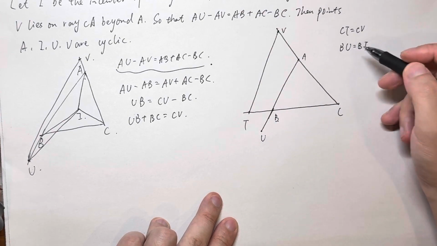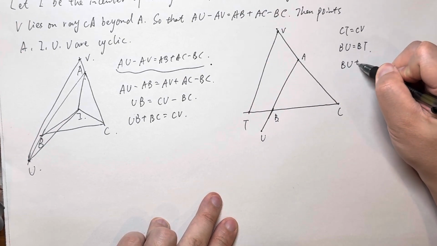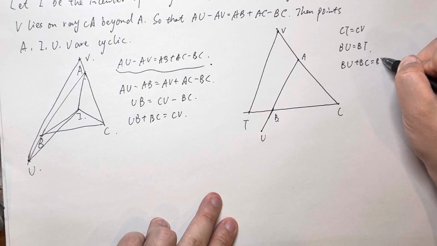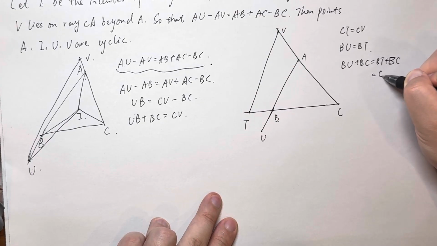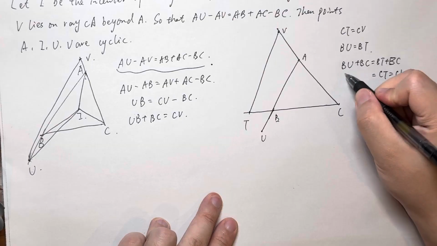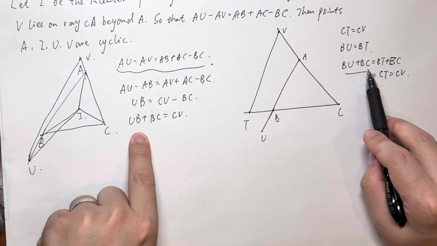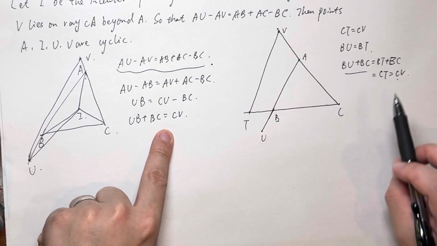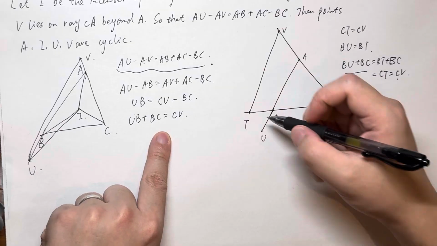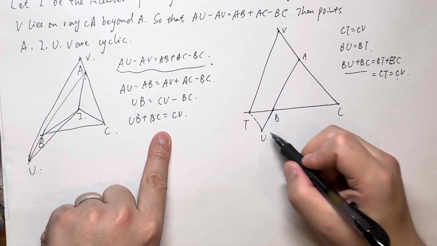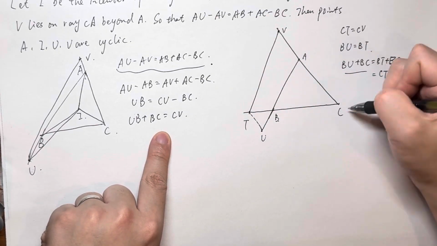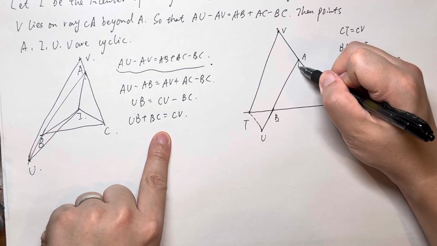In this case, we know that BU plus BC equals BT plus BC equals CT equals CV. So we satisfy that BU plus BC equals CV, right? Now we connect UT, and we find the incenter of the triangle ABC here.